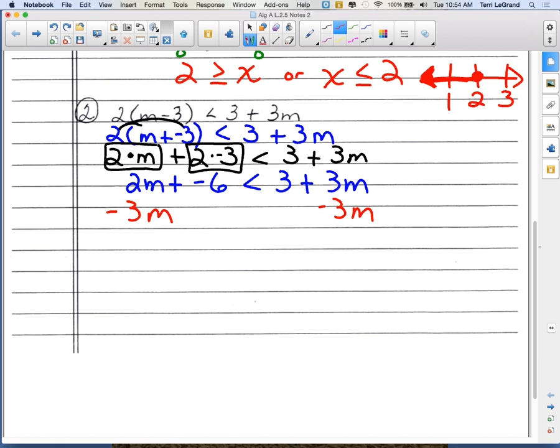Okay, good, because it's really a good idea to just deal with the fact that there's m's on both sides first, not worry about the constants. Sometimes students like to worry about the constants first, and then that kind of ends up making it maybe a little bit more confusing.